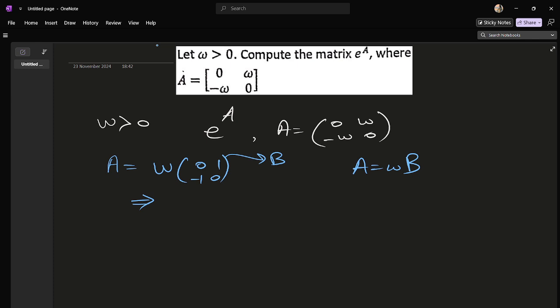We have to find the characteristic equation of B first.